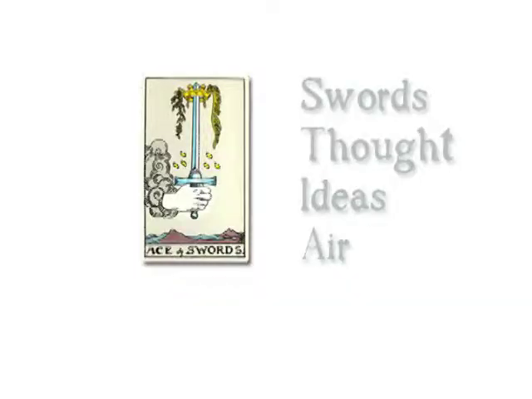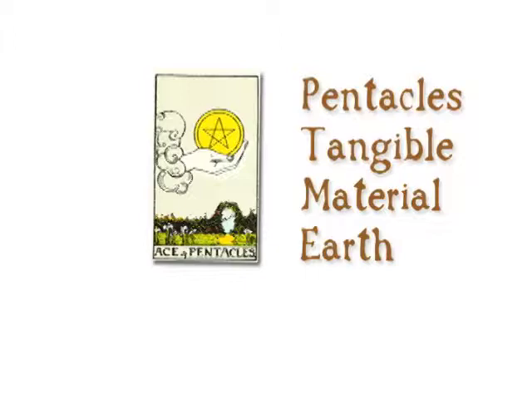And swords are air, which are thought and ideas. And pentacles are earth, which are tangible goods or tangible things in the world. Usually it manifests as money or things.